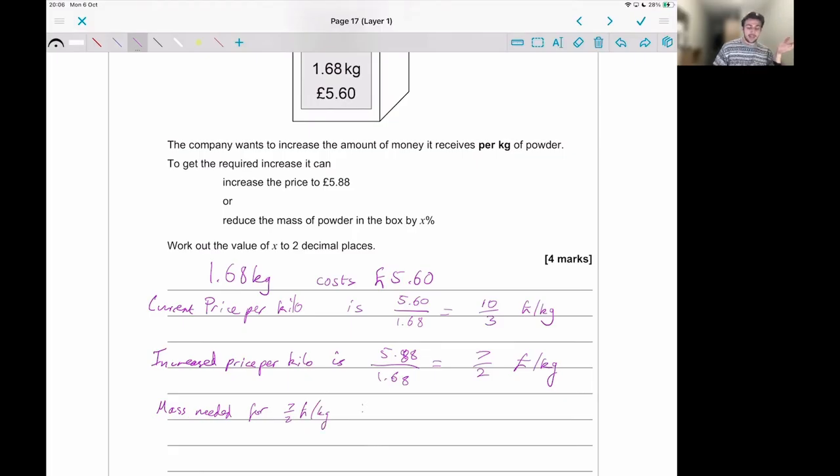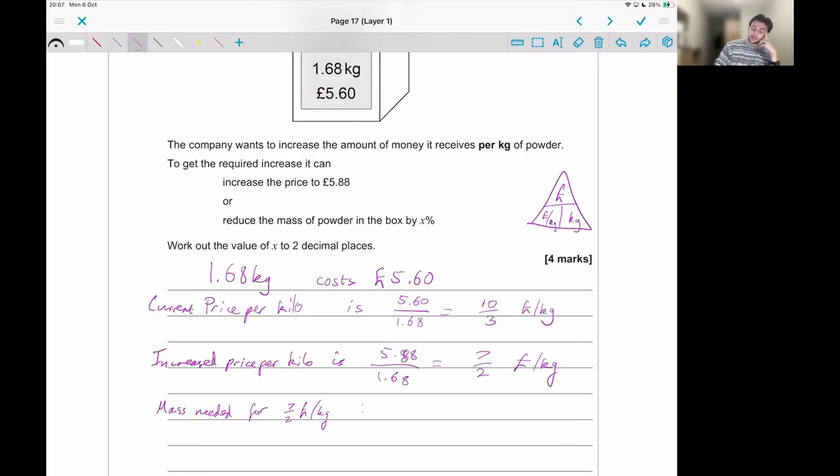The way that we're going to work that out is we're going to take the current price and divide it by the pounds per kilo to work out how many kilos we need. You can think of this as a box, the triangle. You had pounds, per, kilo.